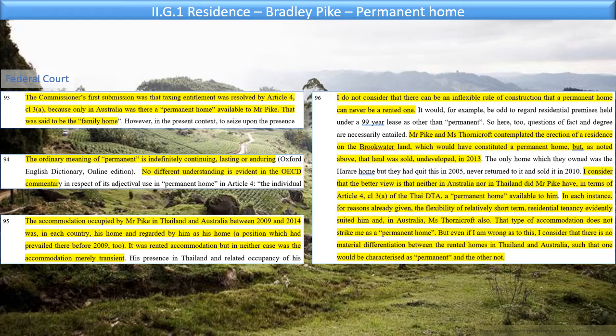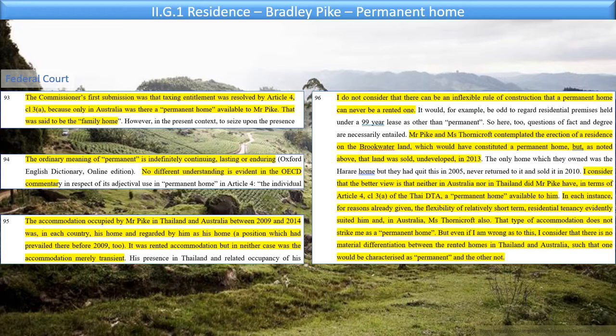So the tiebreaker first test, they either had permanent homes in both states, he had, because it's only his tax that we're talking about, or he had permanent homes in neither of the states because they were rented and short-termed. I think it's an interesting view. I never really thought that much about the word permanent in Article 4.3.